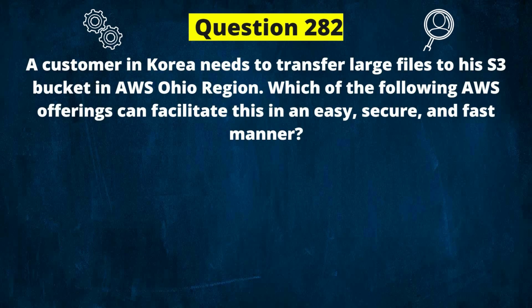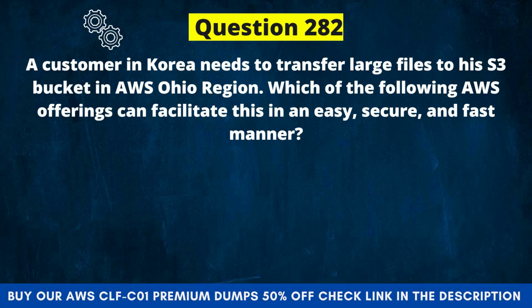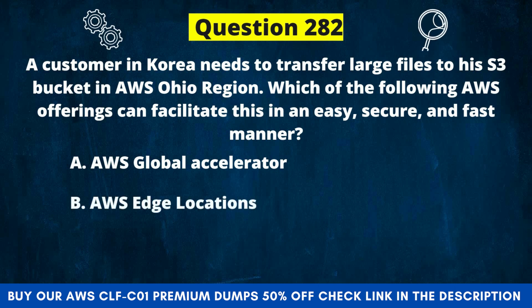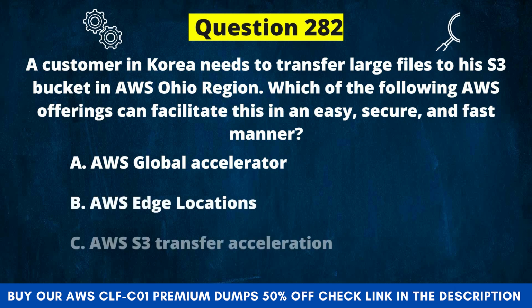Next question. A customer in Korea needs to transfer large files to his S3 bucket in AWS Ohio region. Which of the following AWS offerings can facilitate this in an easy, secure, and fast manner? And the options are A, AWS Global Accelerator. B, AWS Edge Locations. C, AWS S3 Transfer Acceleration.